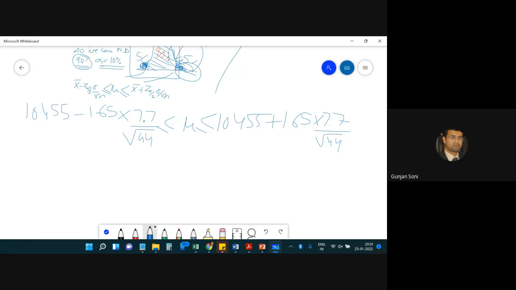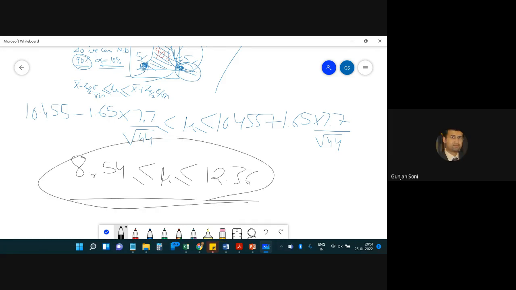Calculate it quickly. So 8.54 to 12.37. 8.54 and 12.36, right? Yes, this is the range.